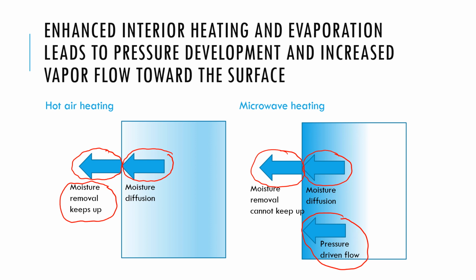So if this mechanism is lumped with diffusion, it will simply not work. This is an example of simplifying too much by including the pressure-driven flow into some sort of an effective diffusivity. If we simplify too much, it loses some critical physics. We will never be able to predict the soggy surface with just effective diffusivity.